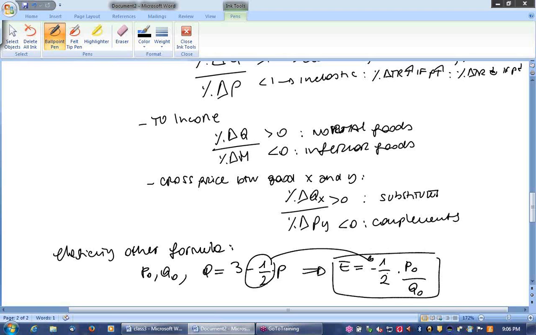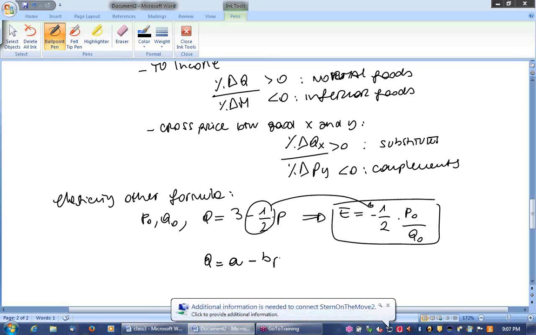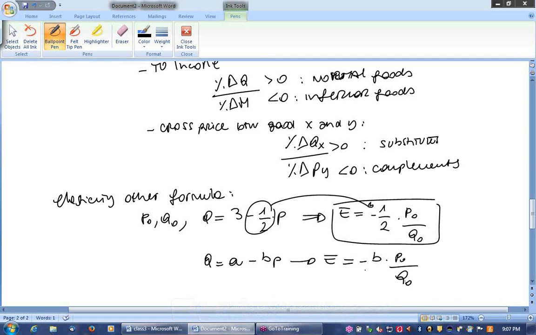So in general, if you have Q equal to some number A, which is just a parameter, minus another parameter B times the price, your elasticity is given by minus B times P0 divided by Q0. These are the two equivalent ways of computing the elasticity. If the problem gives you the percentage change, you use the first formula. If the problem gives you the demand function, you use the second formula.